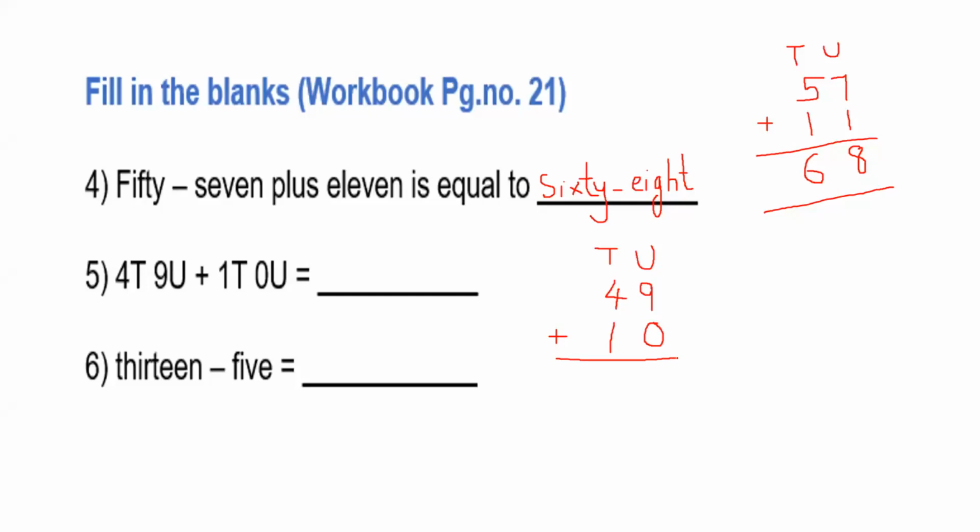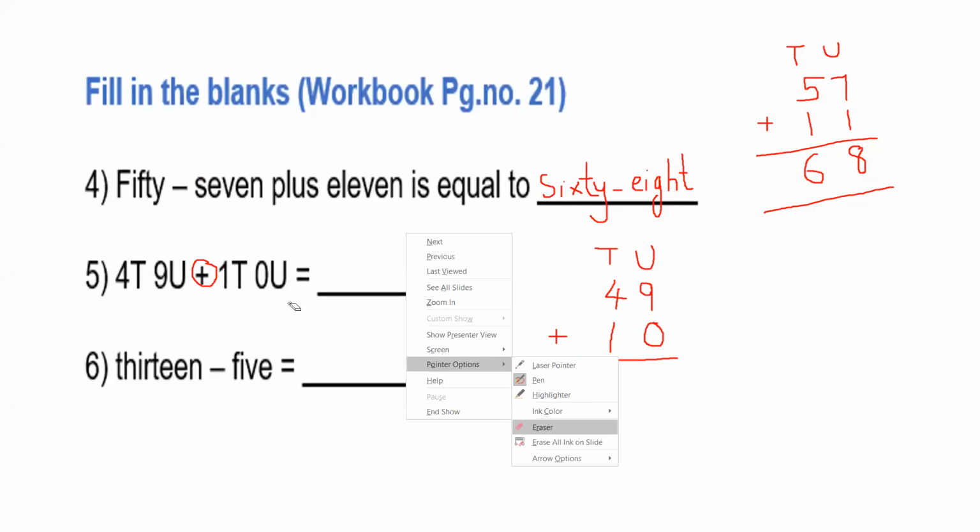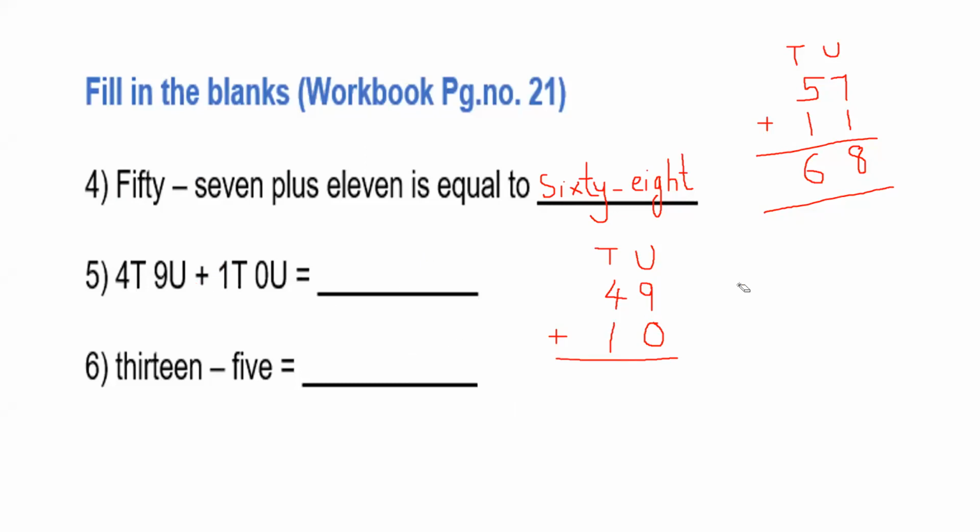Now what we will do? We will add. Why we are going to add? Here which sign is given? Plus sign. Yes. So 9 plus 0. Tell me 9 plus 0 is equals to 0. And 4 plus 1? 5. Answer is 50.